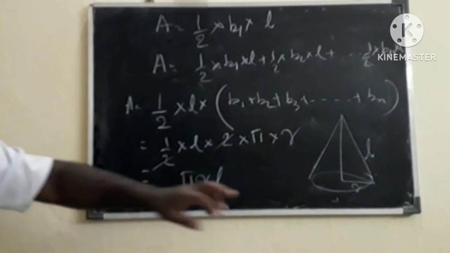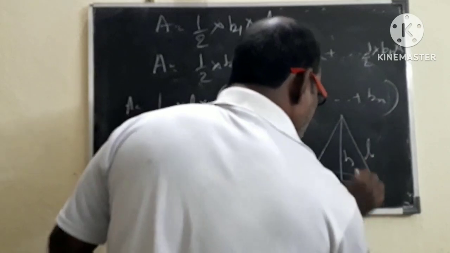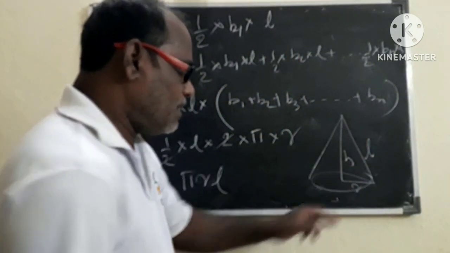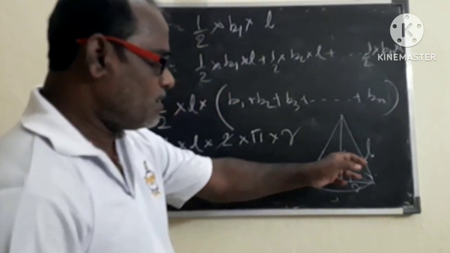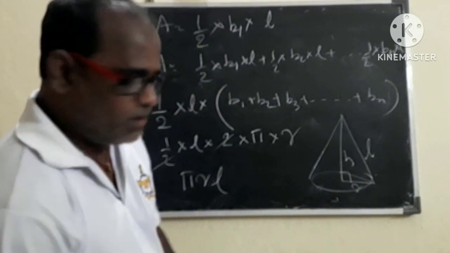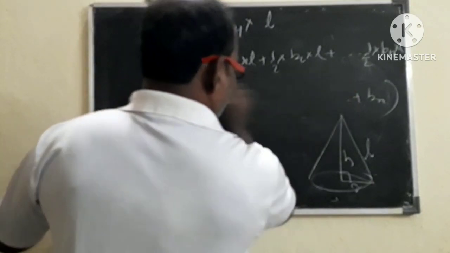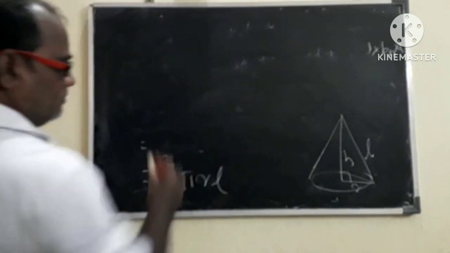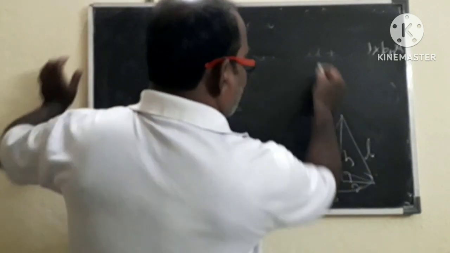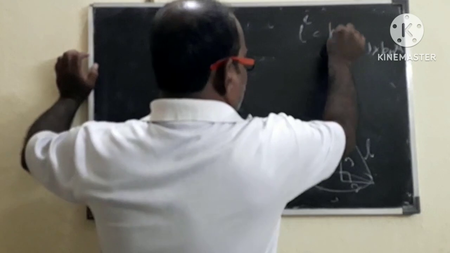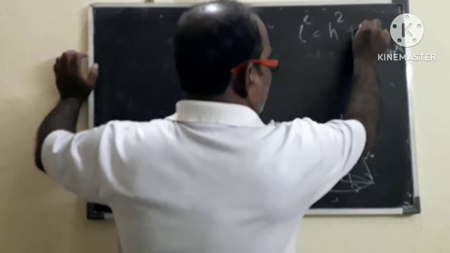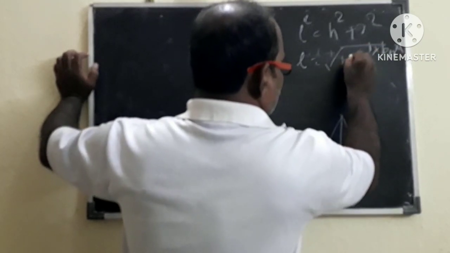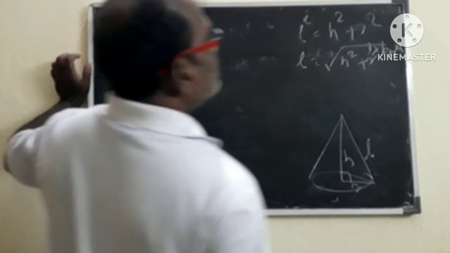My dear, now if this is the original height, then with the help of Pythagoras theorem, we can find out h. See here, it becomes a right angle triangle. From here, with the help of Pythagoras theorem, we get L square is equal to h square plus r square, or L is equal to root over h square plus r square.